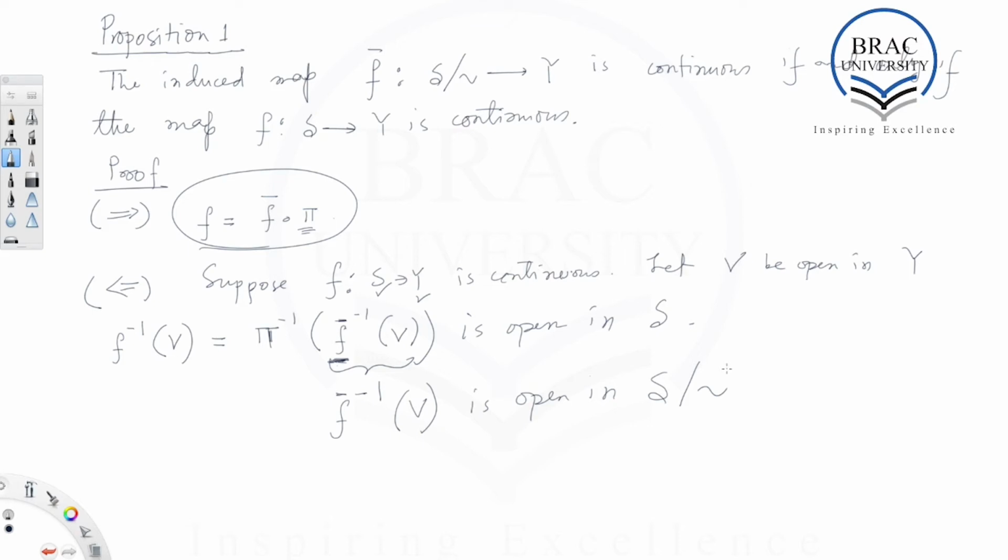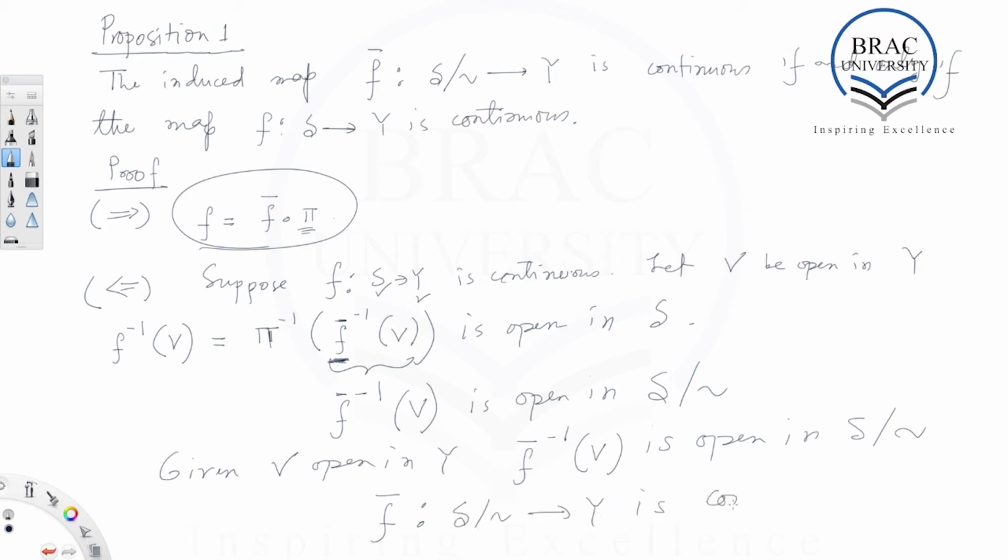So what have we found? We found that given V open in Y, the pre-image of V under f bar is open in the quotient space, which means that f bar from the quotient space to Y is continuous. QED. Okay, good.